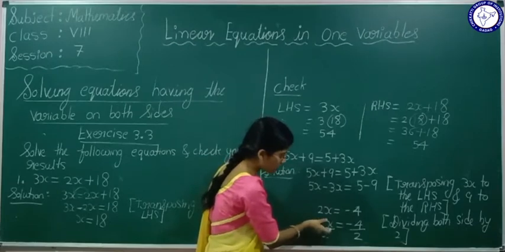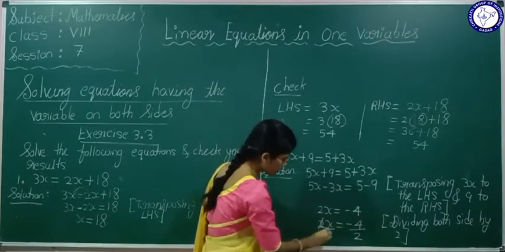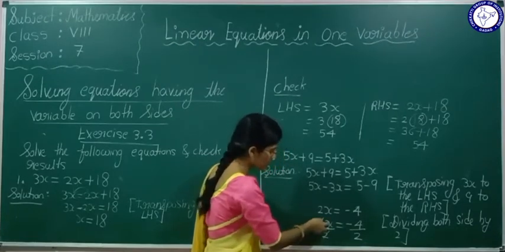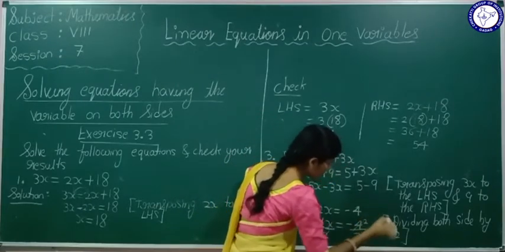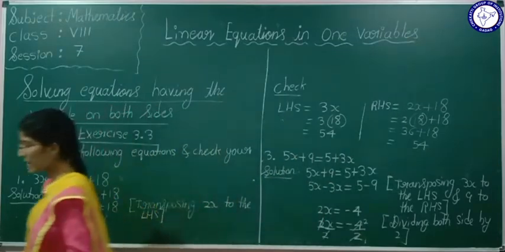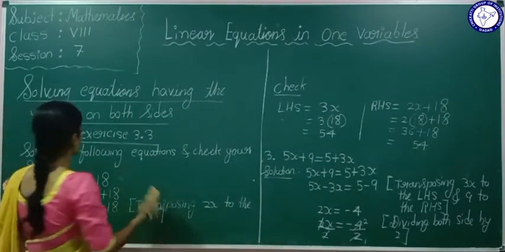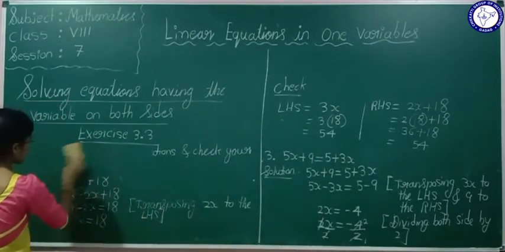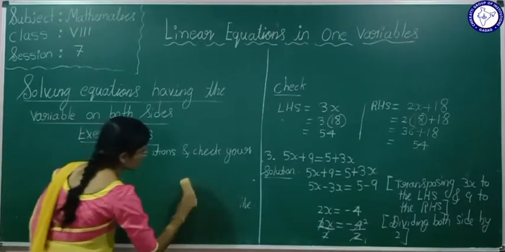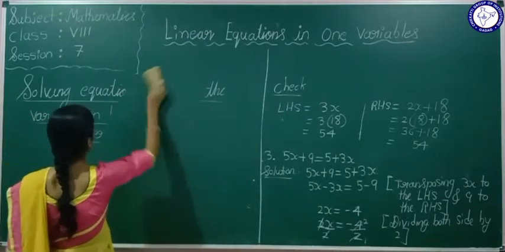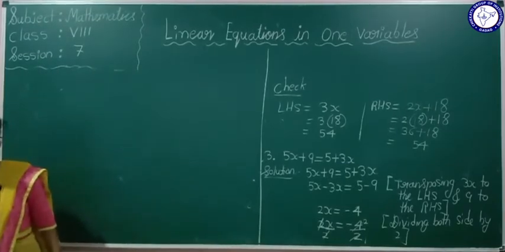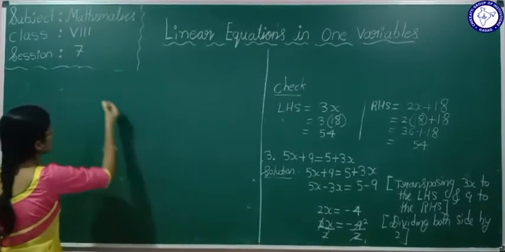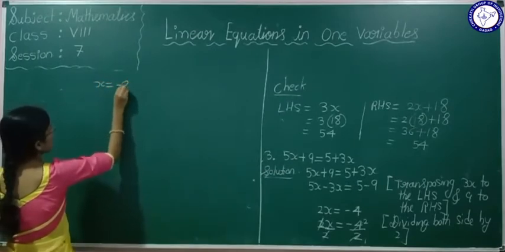We are going to get the value of x. It will be x is equal to, 2 ones are 2, 2 2s are 4. So what we got? x is equal to minus 2.